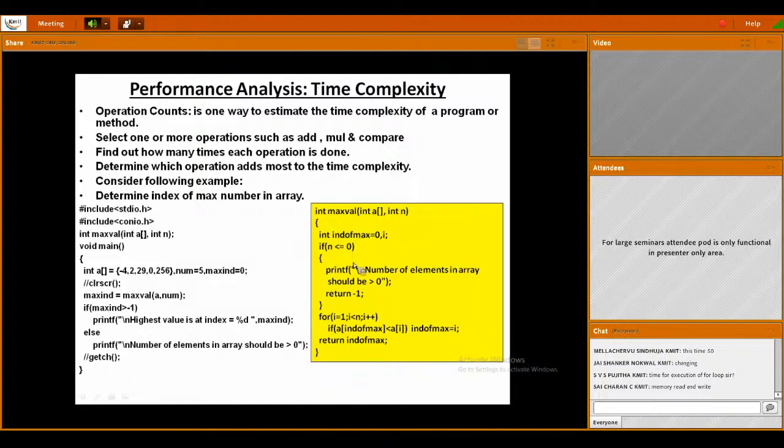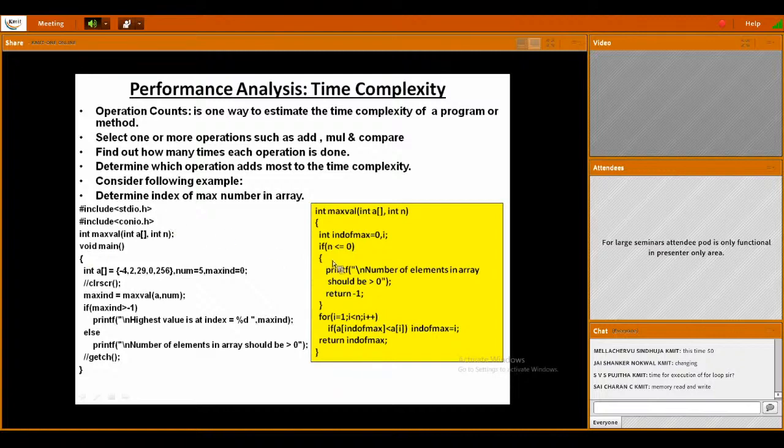Now in this logic, if the value of n happens to be 0 or less, then I'm just printing number of elements in an array should be greater than 0, right? If it is not, then we have written a logic to find out at what index we have the maximum number, right? So this is a simple code.